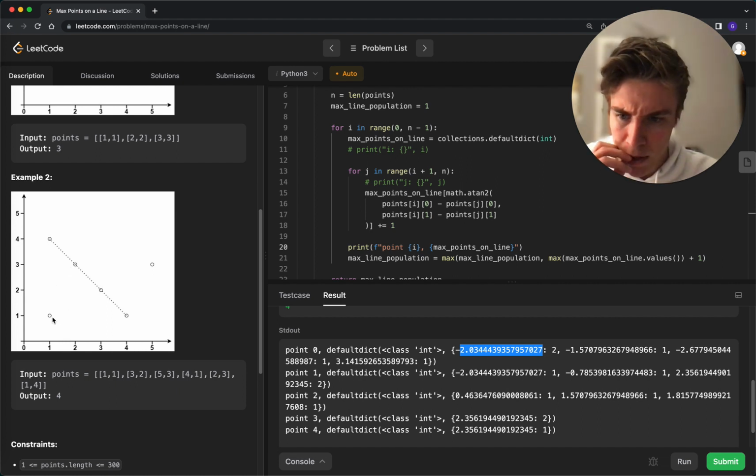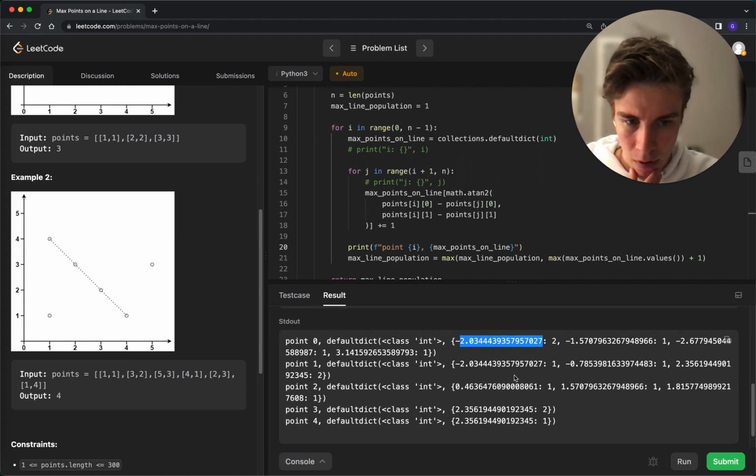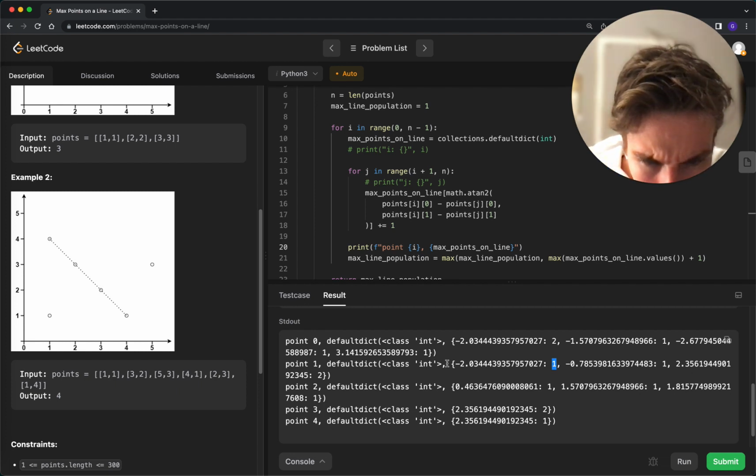For the 0th, 1, 2, 3, 4, 5. Okay, no, this makes total sense. 1, 2, 3, 4, 5. This one, which is the second one, should have 1, 2. Oh, point 1 has the values of 1, 1, and 2.